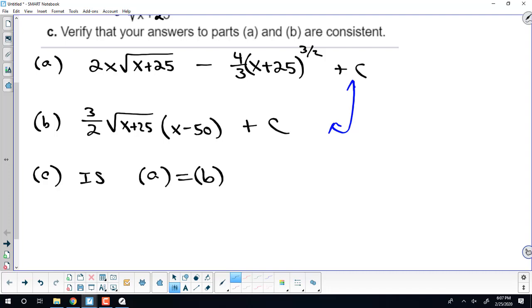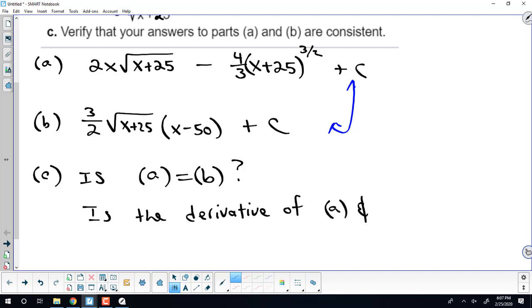So is A equal to B? Or is the derivative of A and B... I mean, one of those needs to be done.